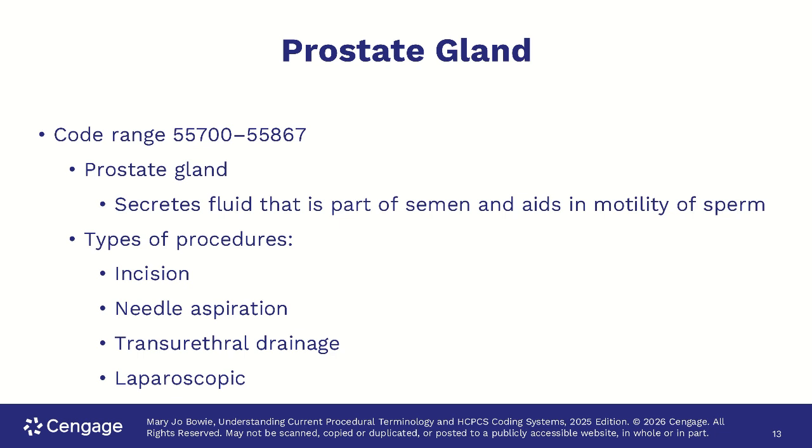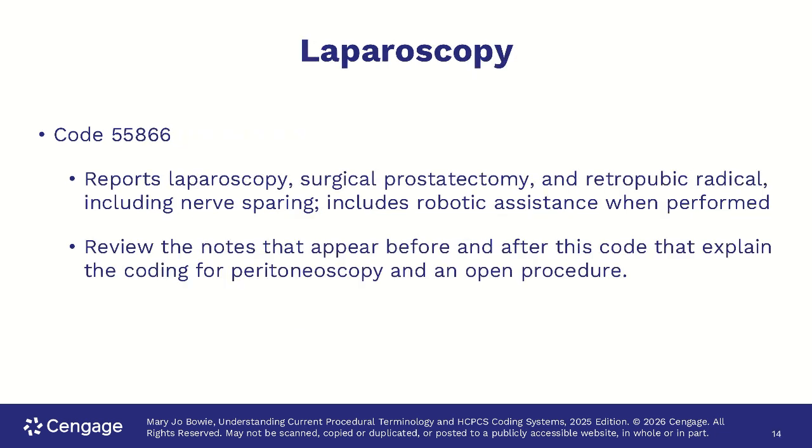And then, of course, you have some laparoscopic procedures, and you know the deal. Diagnostic is always included in the surgical. Also, there are some notations regarding these particular codes in terms of whether robotic assistance was performed.